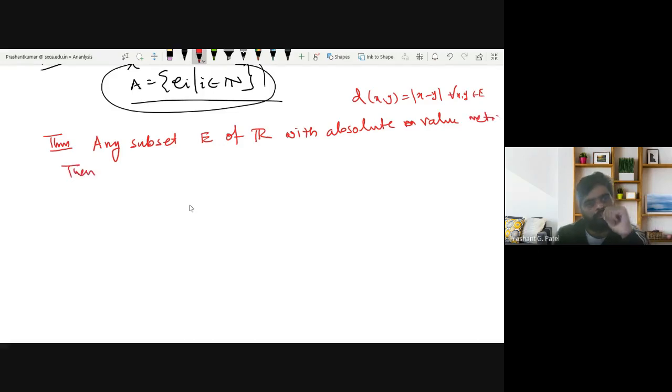Then prove that E is compact if and only if E is closed and bounded.